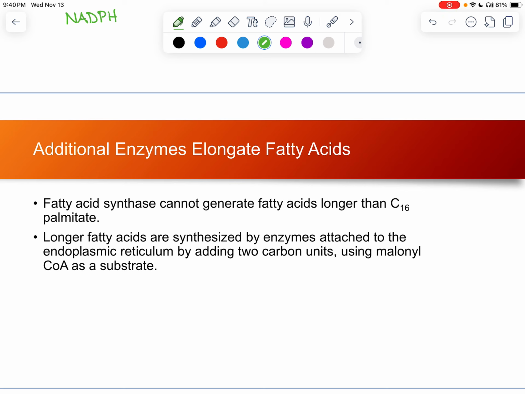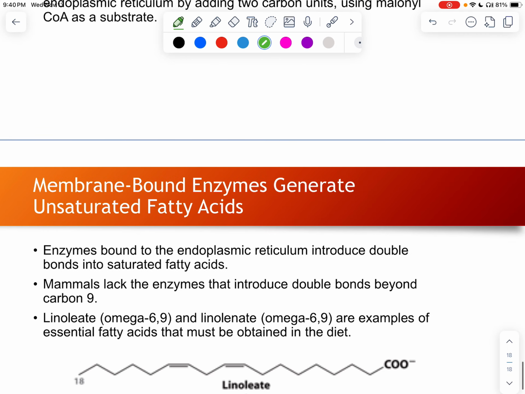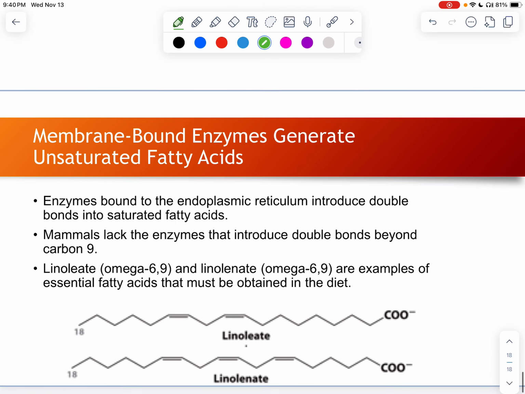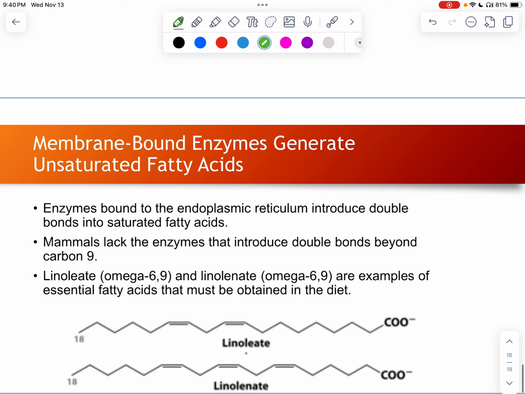So essentially, we can make them longer, with different enzymes. And if we want to talk about making unsaturated, the fatty acid synthase made saturated, but once we make the saturated fatty acid, we can introduce double bonds to make it unsaturated.